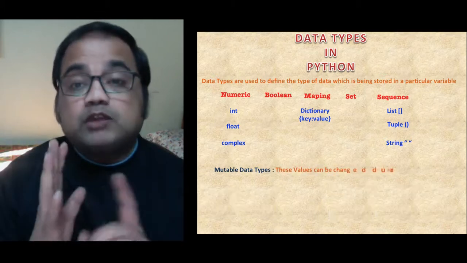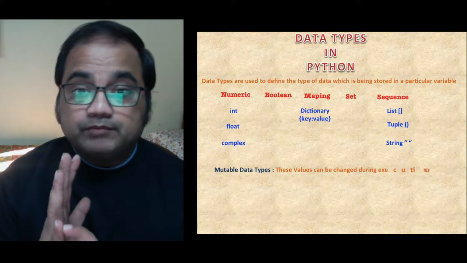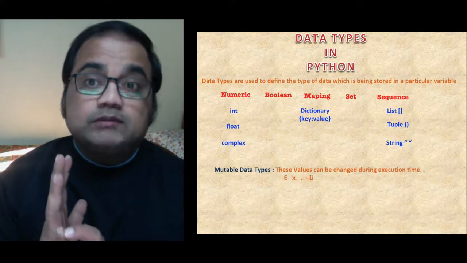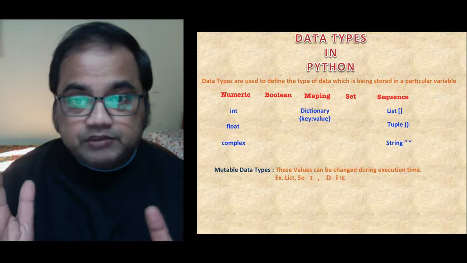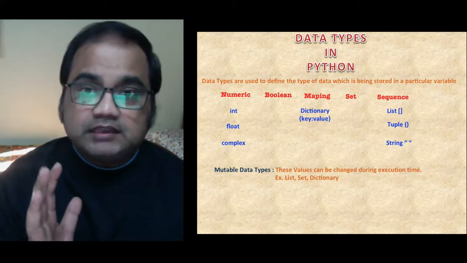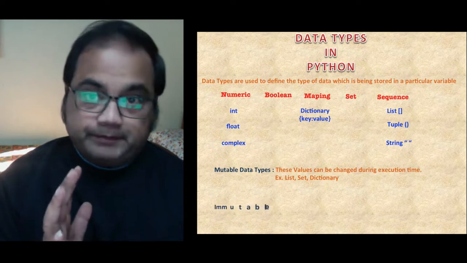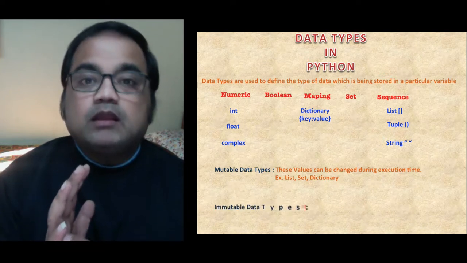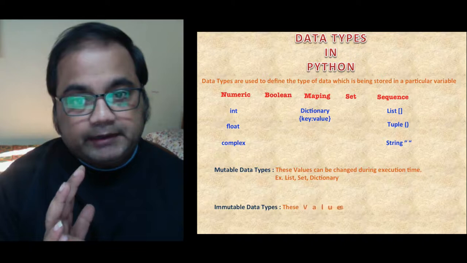Sequence data types can hold multiple values. In list, we can hold multiple values of different types. In tuple, we can hold multiple values of different types, but in strings, we can hold alphanumeric data.